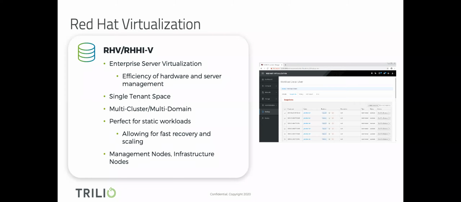However, it's a multi-cluster, multi-domain world. The key thing here is you are effectively utilizing tools, the Rev Manager, to manage multiple clusters and multiple domain installations of your virtual estate. The kind of use cases that you would typically see, and that you know and love to look after day in, day out, are more of the static kind of workloads.